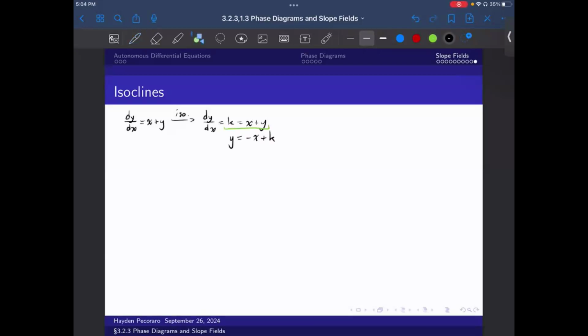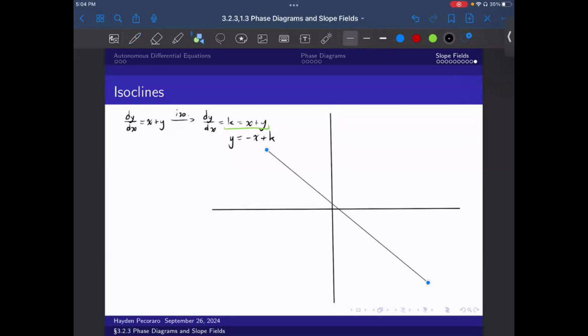So the isoclines in this case are straight lines with slopes of -1. And so I can go ahead and draw some of those straight lines here. And the parameter k is just controlling the intercept.